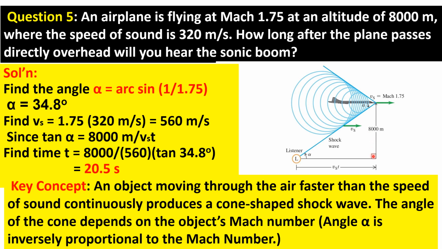In reality, by the way, the speed of sound actually varies depending on the altitude. So here we assume that the speed of sound is constant at 320 meters per second. But for simplicity, that's what we assume. But in reality, what do you think happens to the speed of sound as it approaches the listener?